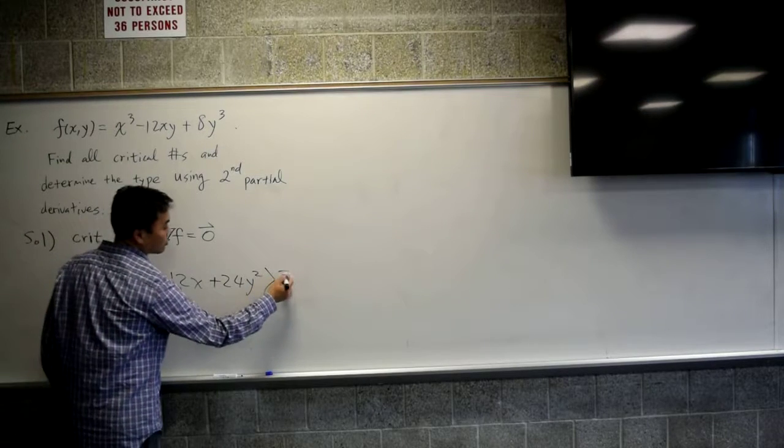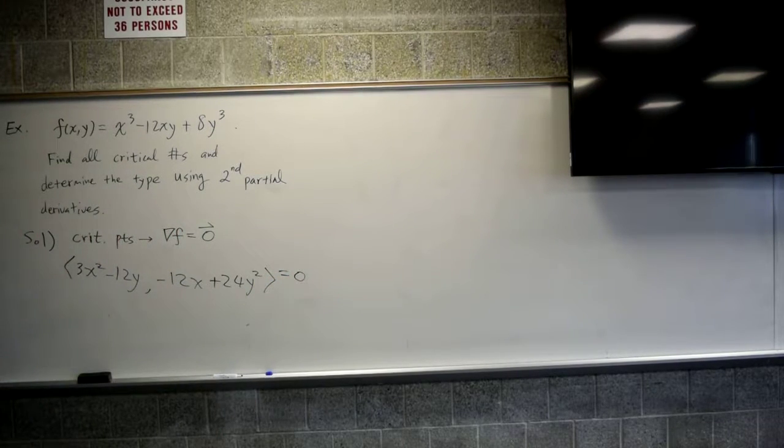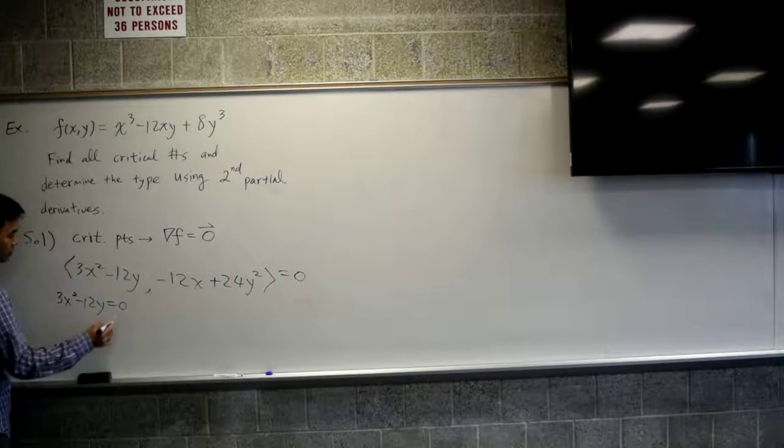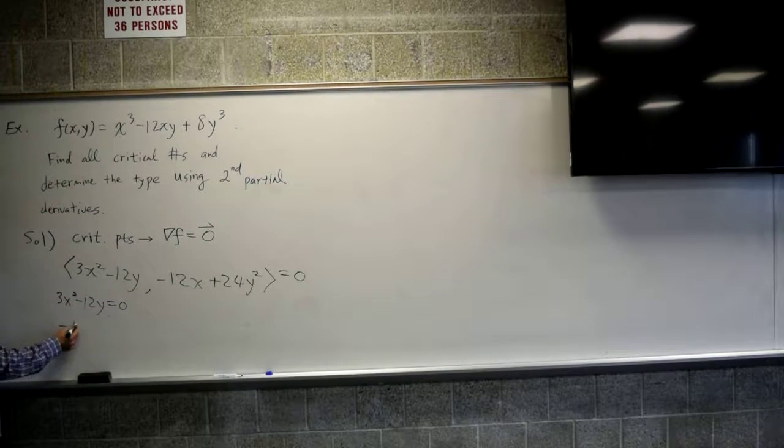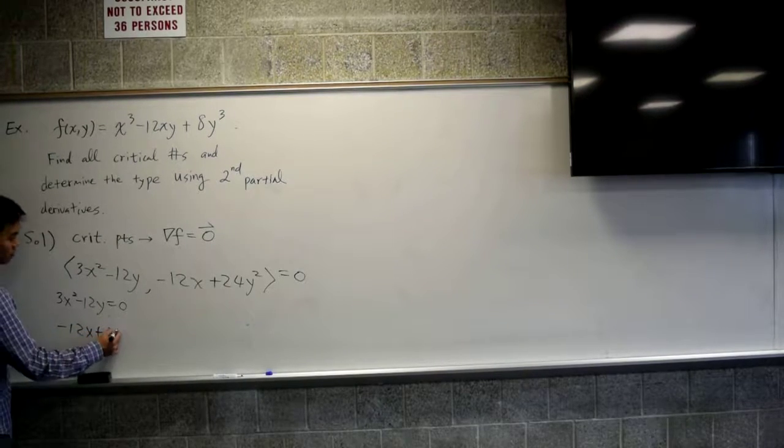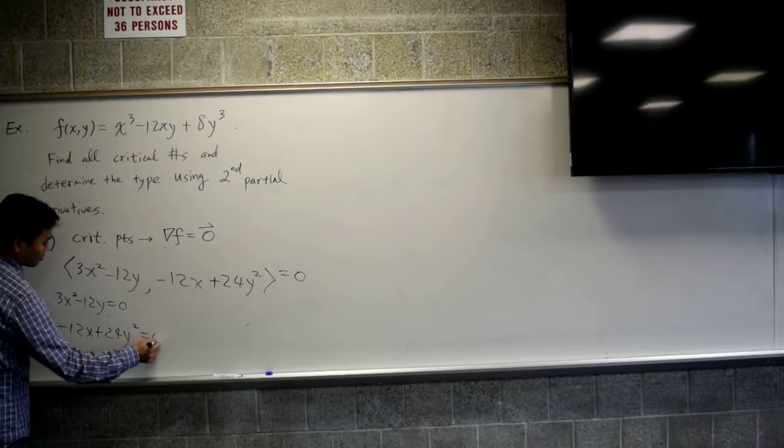And that has to equal 0, meaning I need 3x squared minus 12y equals 0, and negative 12x plus 24y squared equals 0.